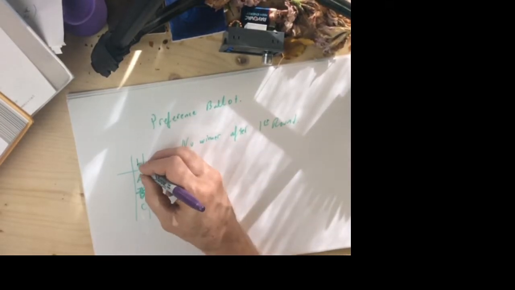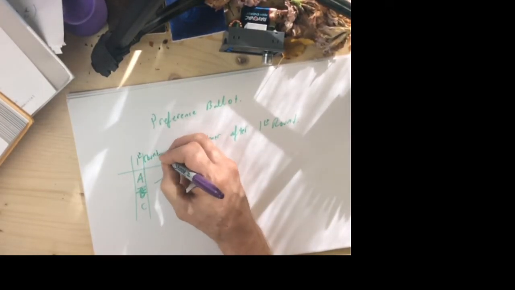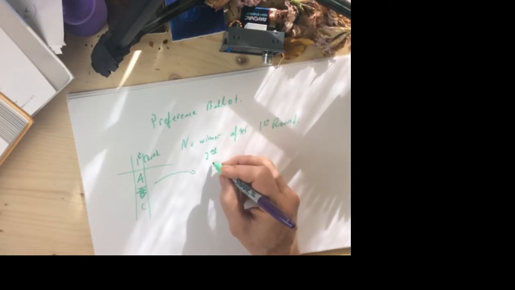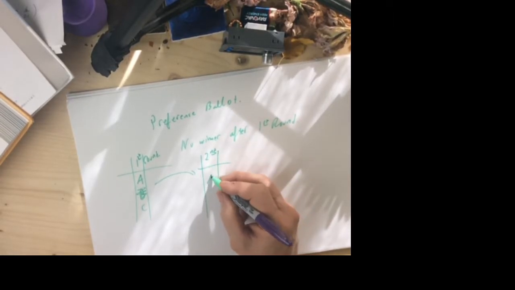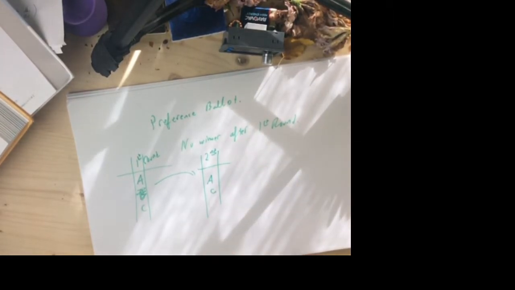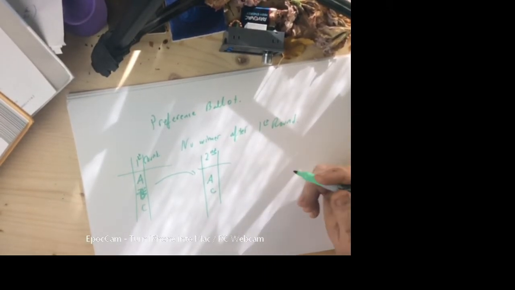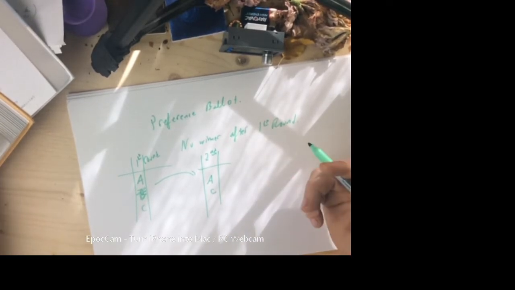We know this is the first round. We know in the second round, he would want to vote A, C, because B no longer exists. This is a really powerful idea, and that is we don't have to use the cost of running a second round of election to do this. And so there are some nice advantages.